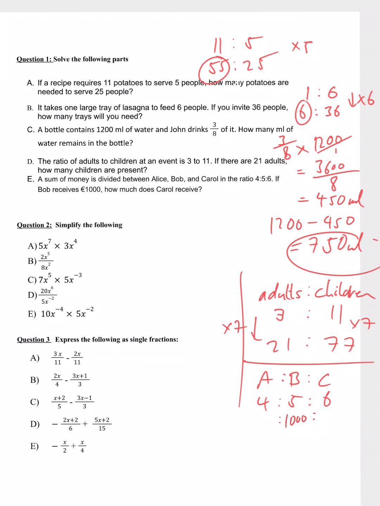Again, we have to figure out what did we multiply 5 times to get 1,000. Well, 1,000 divided by 5 is 200. So we multiply them all times 200. So it would be 1,200 and it would be 800. So Alice gets 800, Bob got 1,000 and Carol gets 1,200 euros. That's your answer.